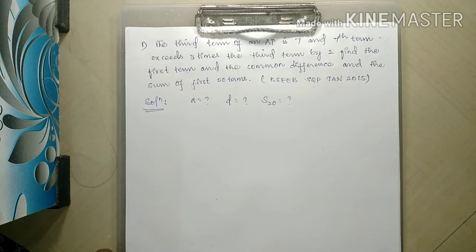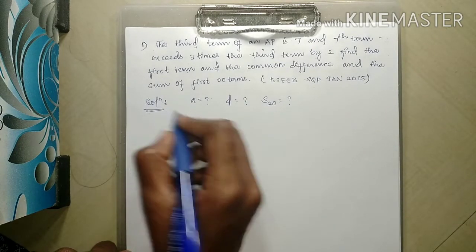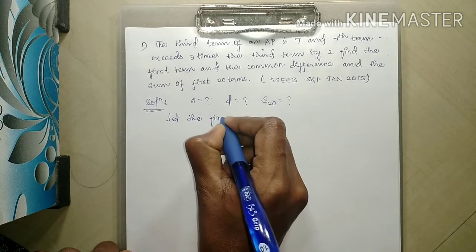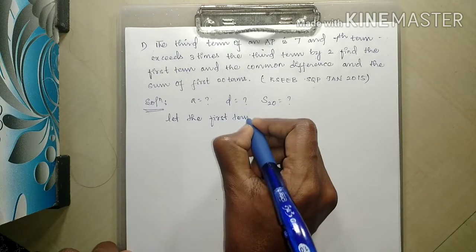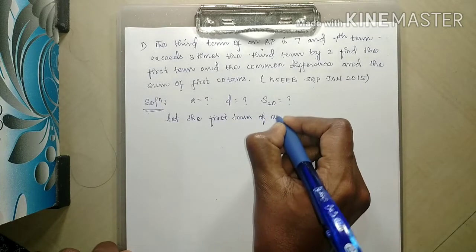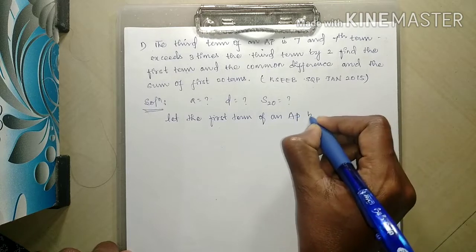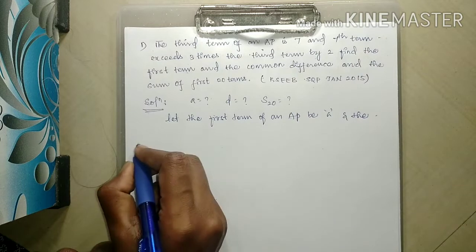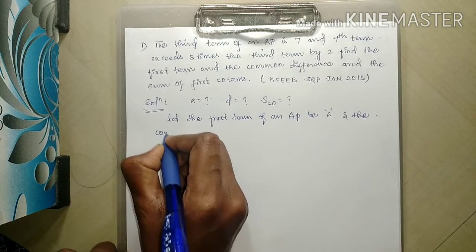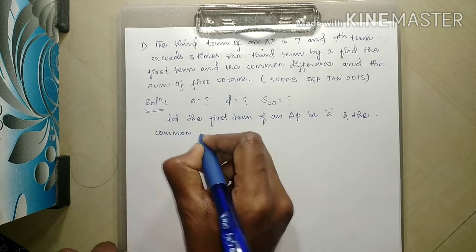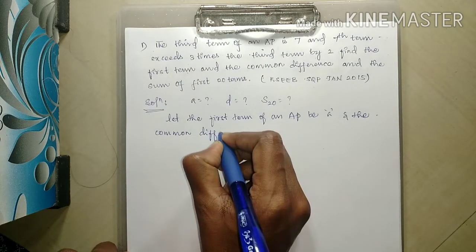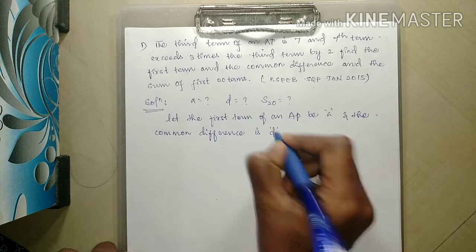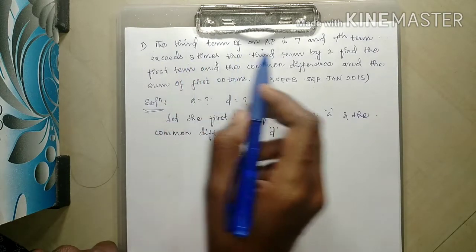So let me write before going to the solution. Let the first term of an AP be A and the common difference be D. Now what is given in the statement?